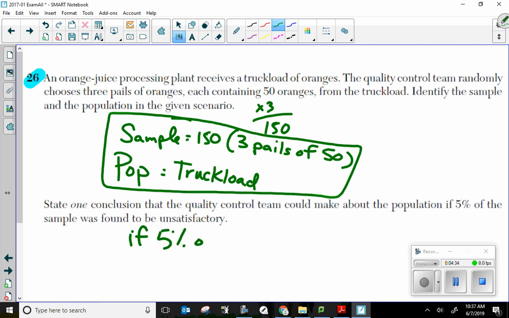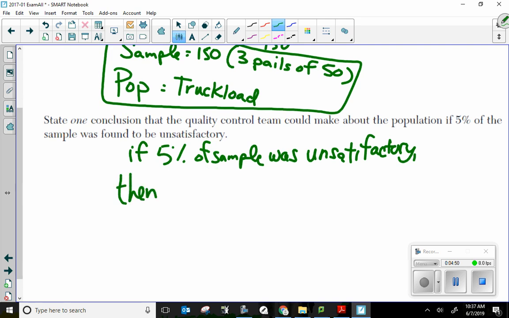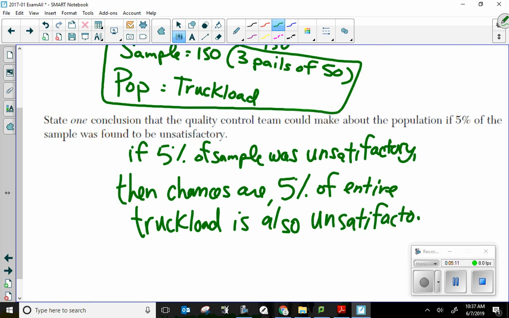If 5% of the sample was unsatisfactory, then chances are 5% of the entire truckload is also unsatisfactory.